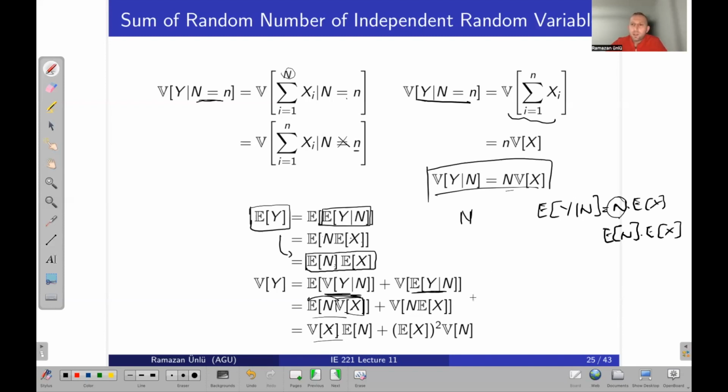I think I mentioned for linear combinations of random variables like aX plus bY, the variance is a squared times the variance of X, plus b squared times the variance of Y, right?